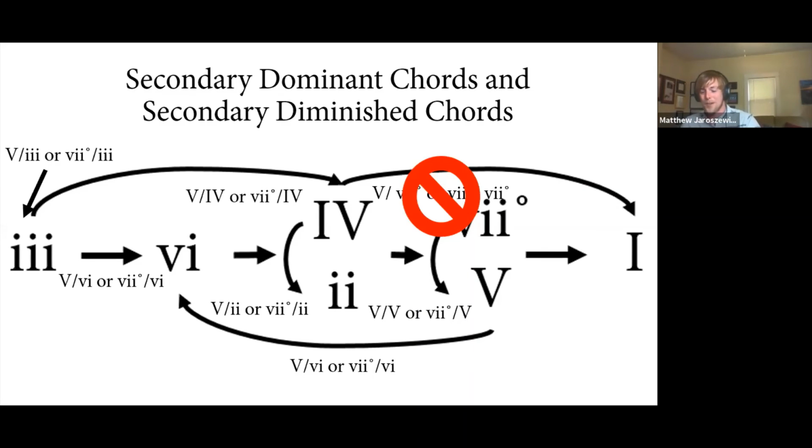So I'll play the whole progression. 1, 3, 5 of 6, 6, 7 fully diminished 7 of 2, 2, 5 of 5, 5, 1. Like that. Okay, does that make any more sense at all?